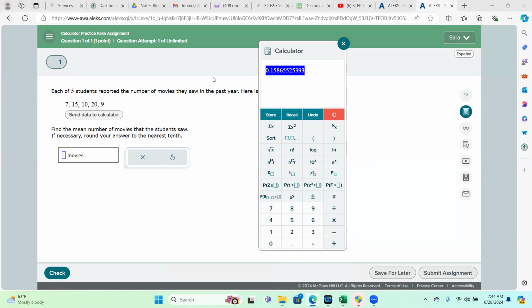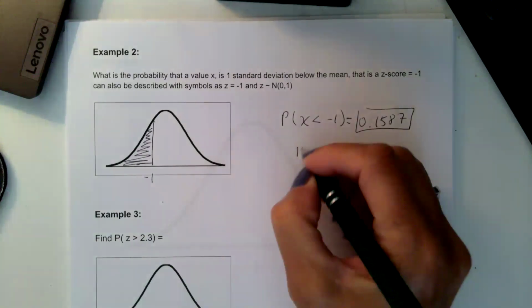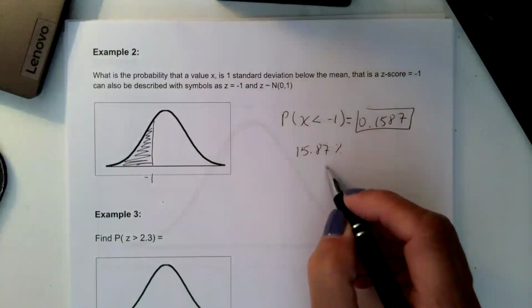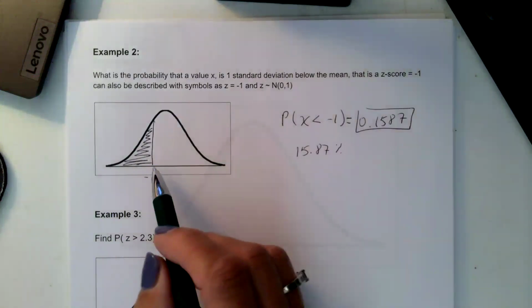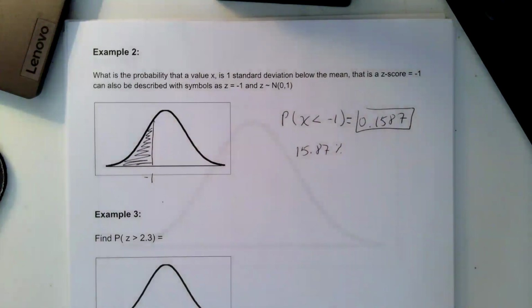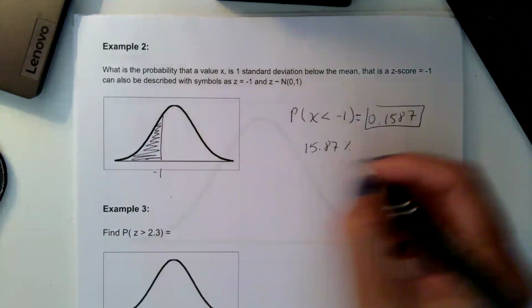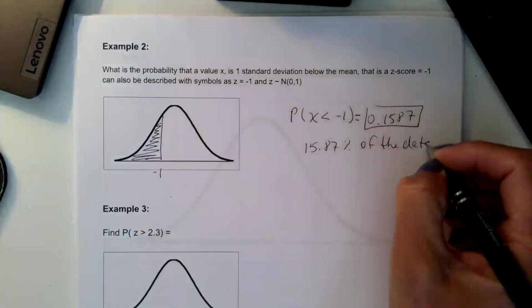So if we go back to our paper, this tells us that about 15.87% of the data falls below or outside of 1 standard deviation to the left of the mean. Let's write that down.